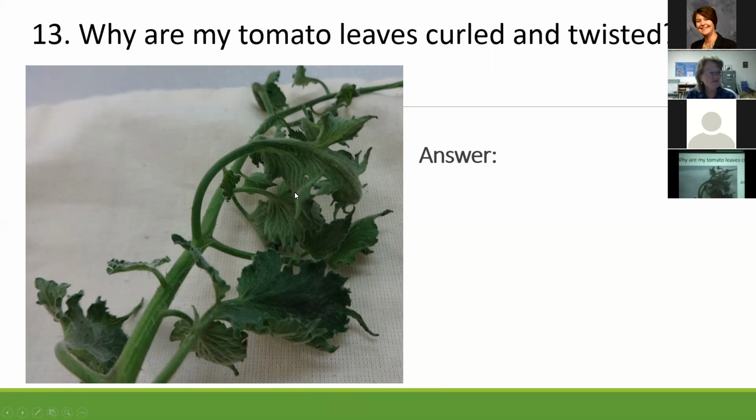These, the veins are very distorted. A lot of times this is herbicide injury. And a lot of times with herbicide injury, especially 2,4-D, some of the growth regulator herbicides, it'll cause those veins to kind of claw up together, as well as the curling, a lot of times twisting of the stem.